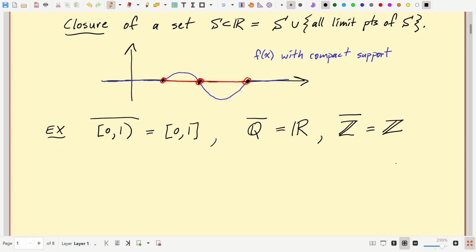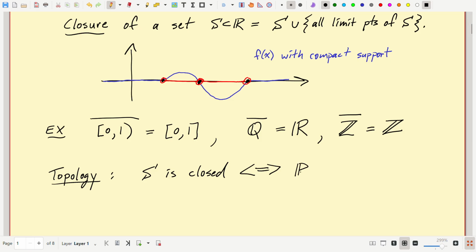Another topological fact, which I'm maybe assuming you have heard about in Math 341, is that a set S is closed if and only if its complement is open.